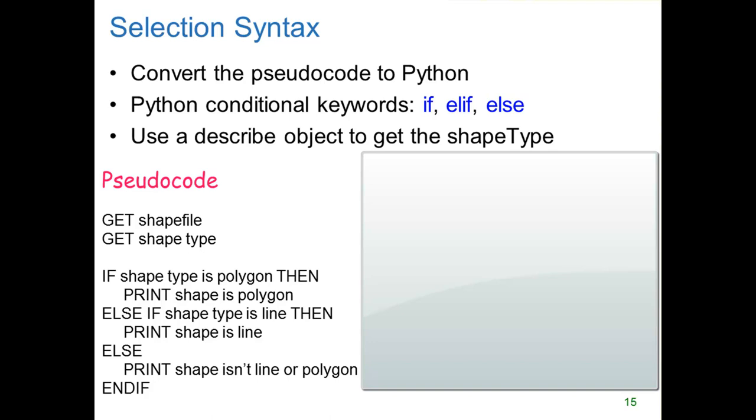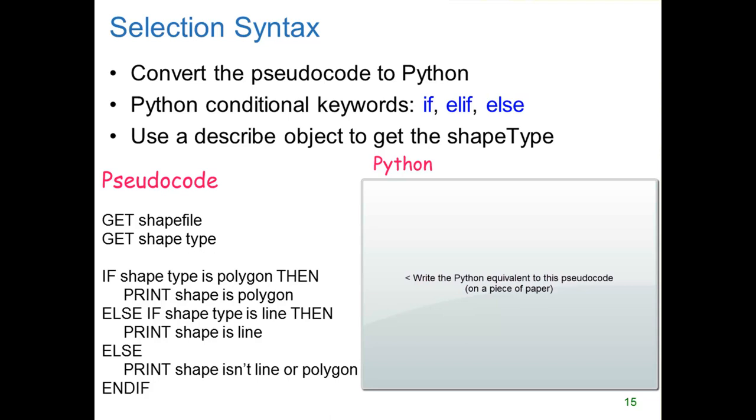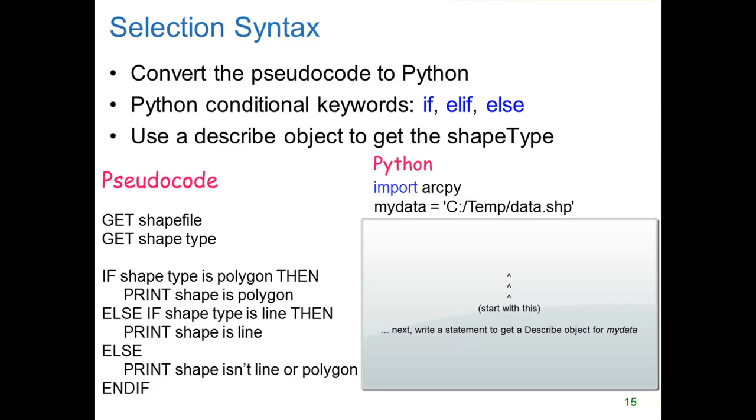You want to get a shapefile, get the shape type, and that's where you use the thing that we just went over, the describe object. And then if the shape type is polygon, print shape is polygon. Else, if the shape type is line, print the shape is line. Else, if all else fails, just print the shape isn't line or polygon.